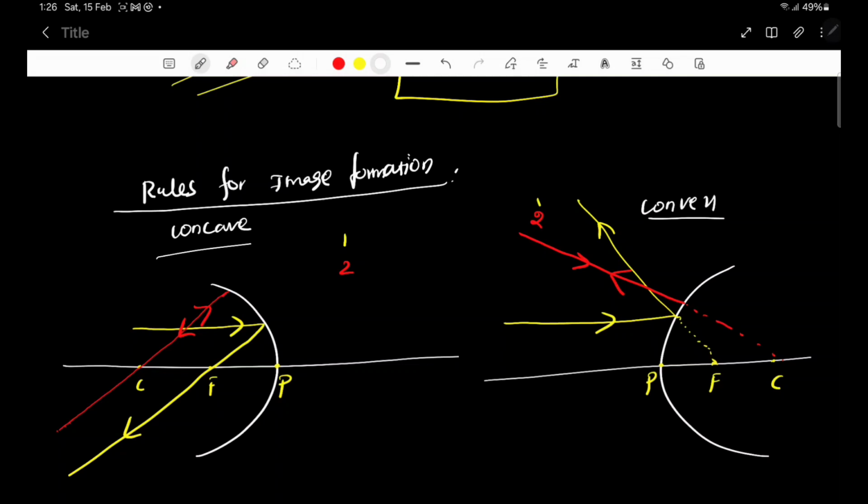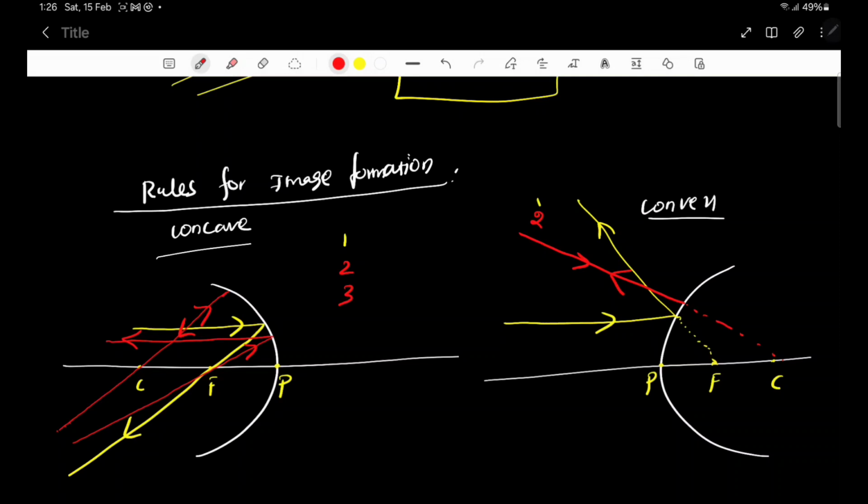And we can draw rule 3 also. Rule 3 is nothing but the inverse of rule 1. If any light ray is directed towards the focal point, after getting reflected, it will become parallel to the principal axis. Imagine this light ray is directed towards the focal point. After getting reflected, it will become parallel to the principal axis.